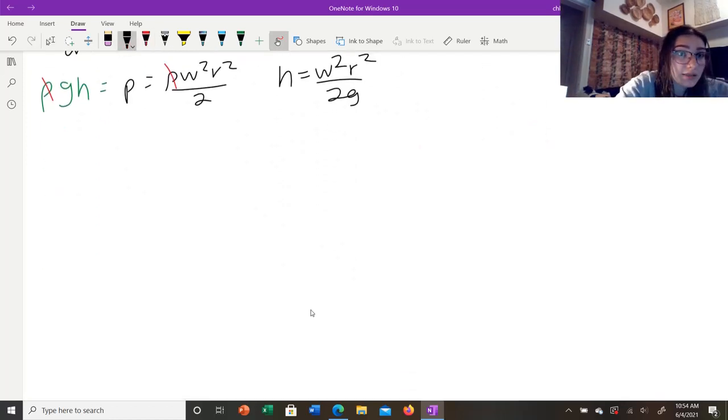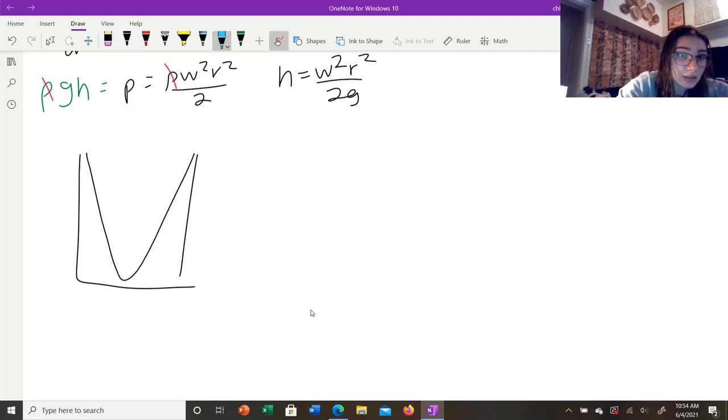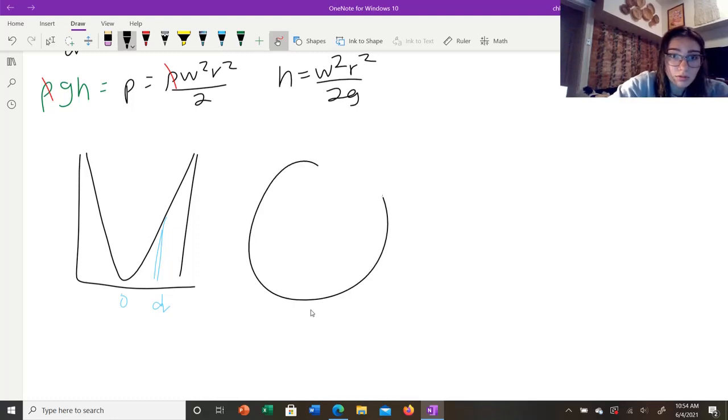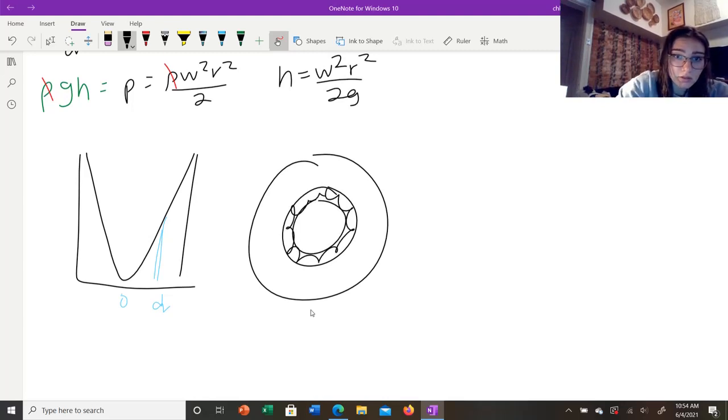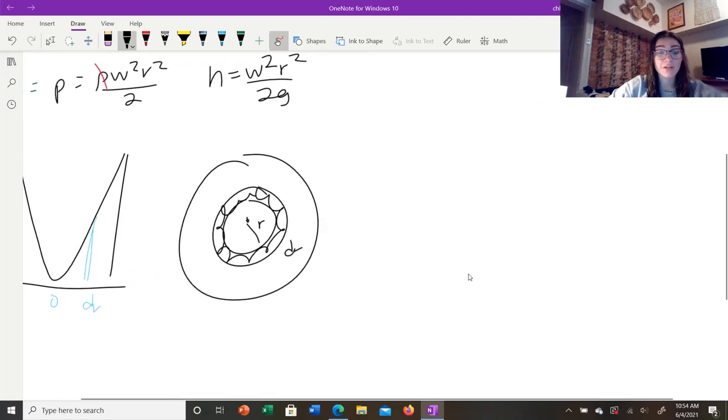If you look at this a little bit closer, we're going to take little slices of it. These slices are dr, still with the center equaling 0. If you look at it from the top, it's going to look like this, where this little inside part is dr, and from the center this is R. So we're looking at this from the top. Remember, we're trying to find the volume.